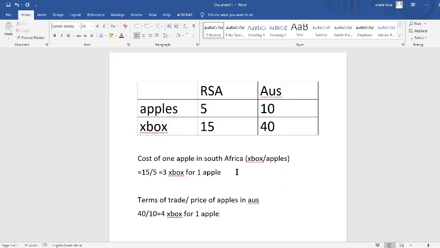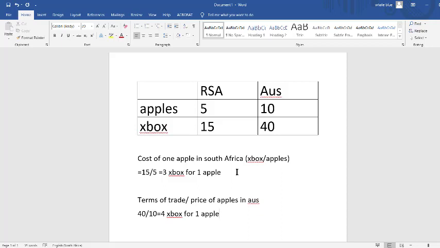So the cost of apples in Australia in autarky would be 4. And the terms of trade of apples in South Africa would be 3. So apples are actually cheaper in South Africa, while apples in Australia are quite expensive because you have to give up 4 X boxes to produce one apple if you are only looking at Australia in autarky.